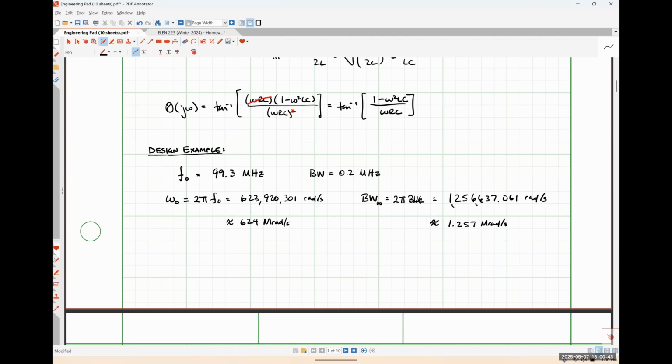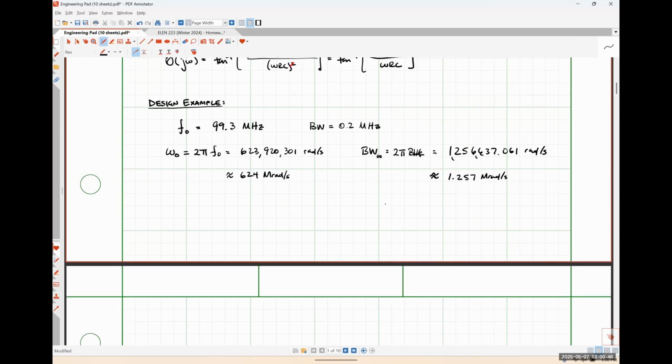So if I choose to implement my filter with a resistor of R equal to 1 kiloohm, then what does the value of my inductor and capacitor have to be? And here's where we're going to use those simple relationships. So we know that our bandwidth is equal to R over L. So that means L should just be R over our bandwidth in radians.